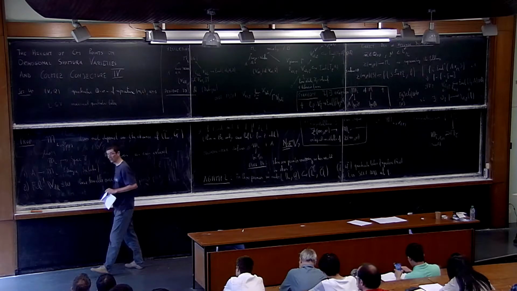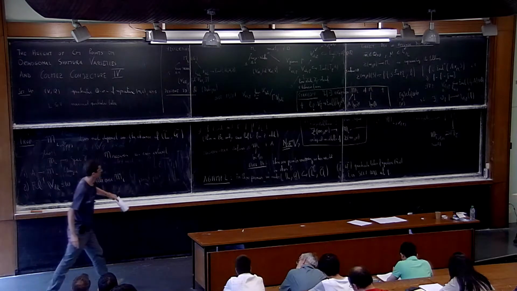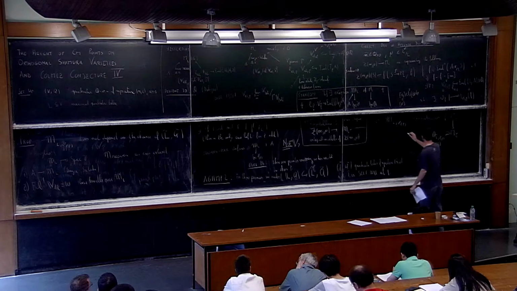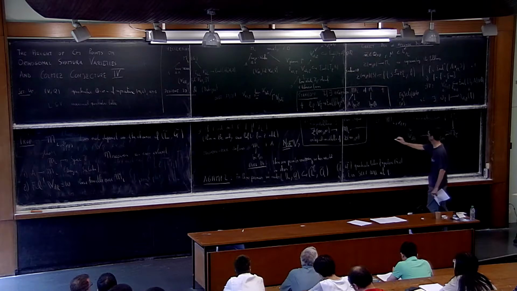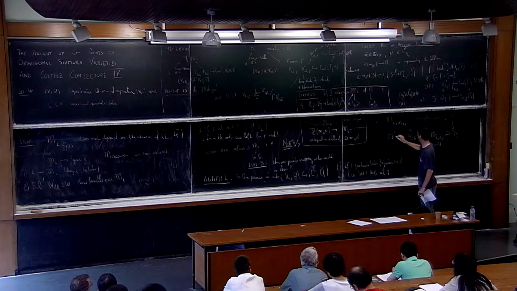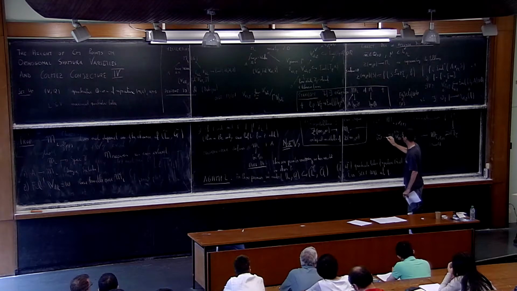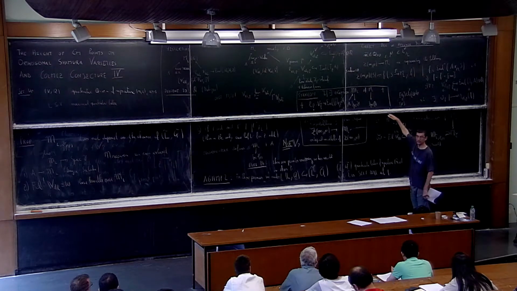How do you define it? So you have the embedding. Here you have a V de Rham tilde over it, and here you have a Fil^1. So this is an omega tilde, and we just pull back this omega tilde to the normalization.